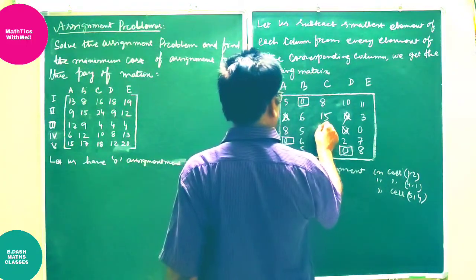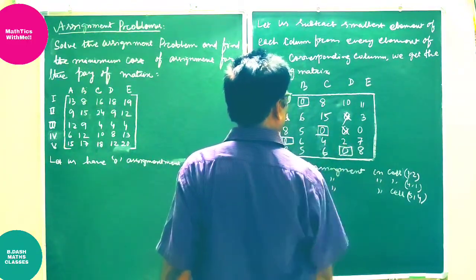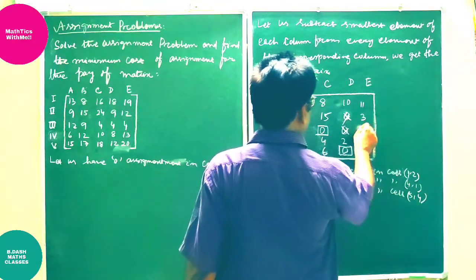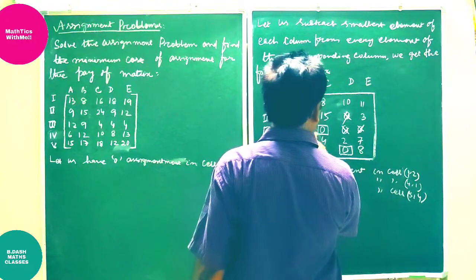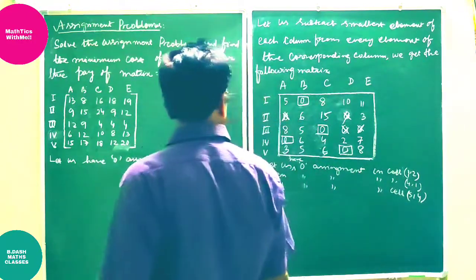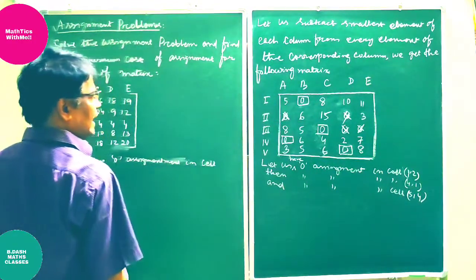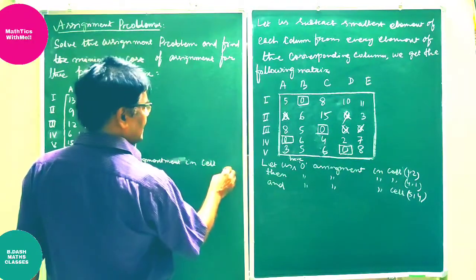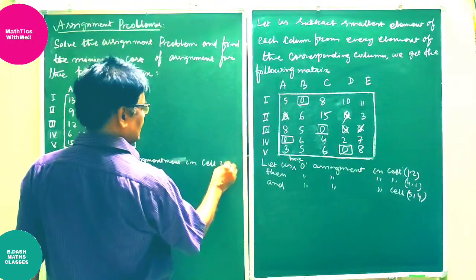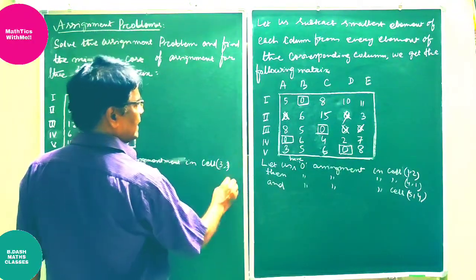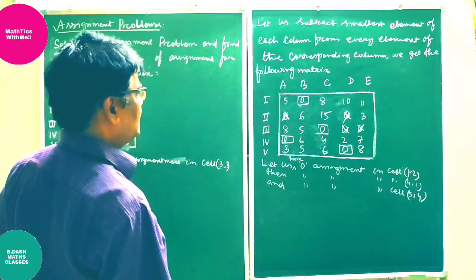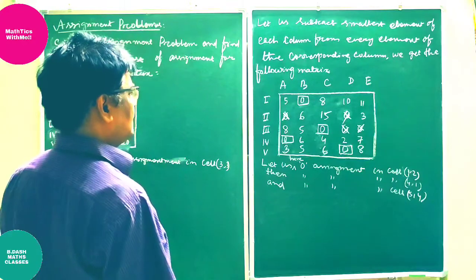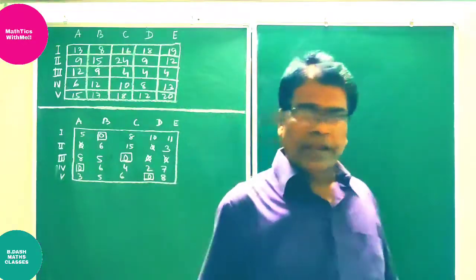Single zero, we can take the assignment and we will cross this element. So this is the assignment. In cell 3, single zero.